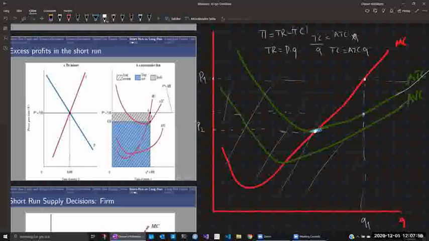What is total profit in this case? Right. So this is total revenue.